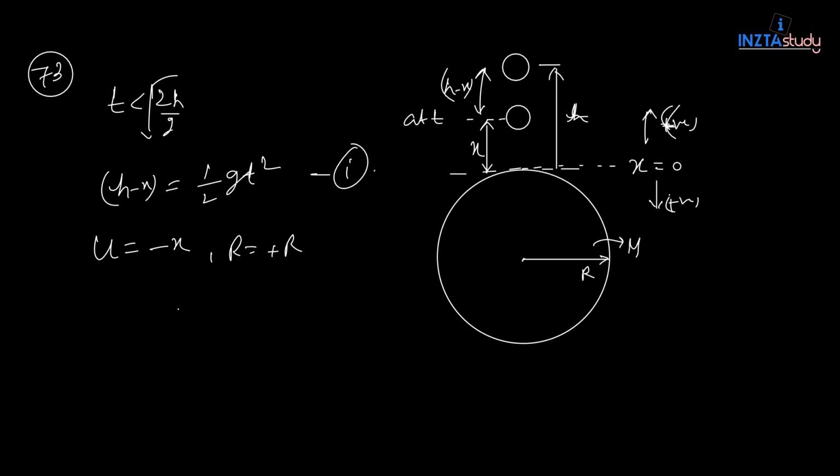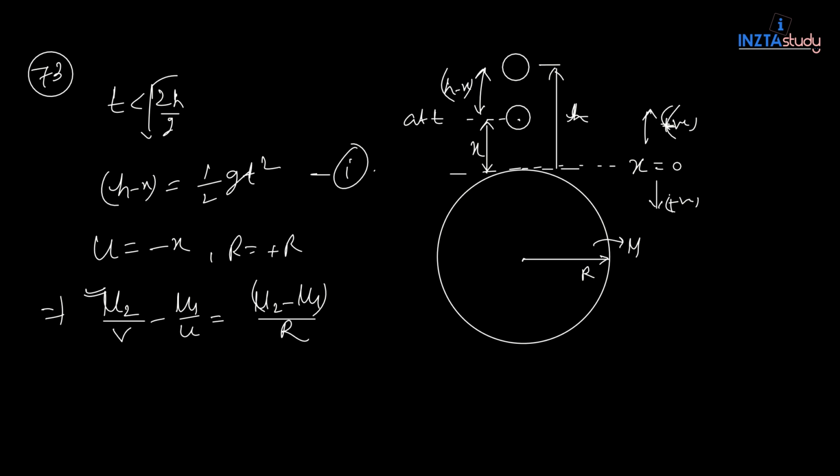So here we have to find out v from this formula, that is mu2 by v minus mu1 by u is equal to mu2 minus mu1 upon r. So mu2 is the refractive index of the medium which contains the refracted ray.